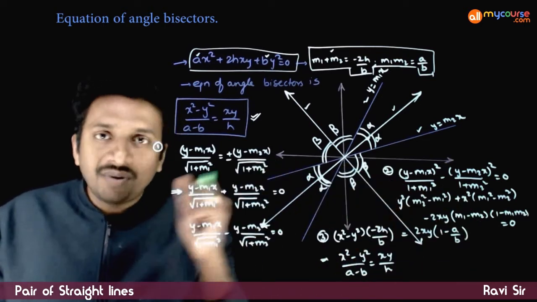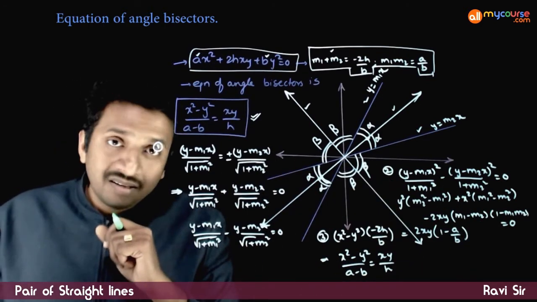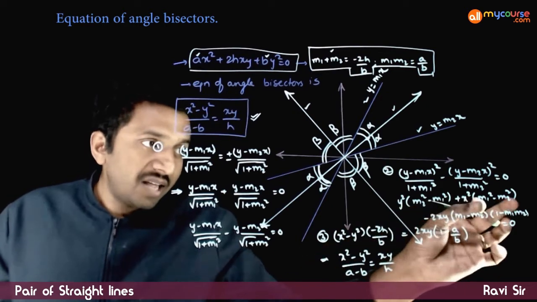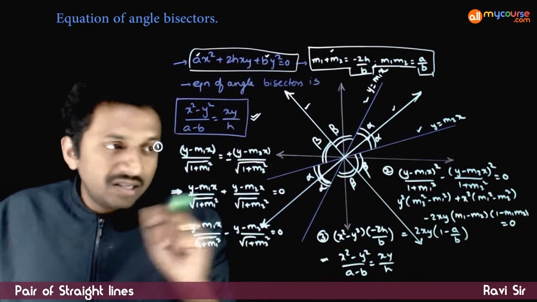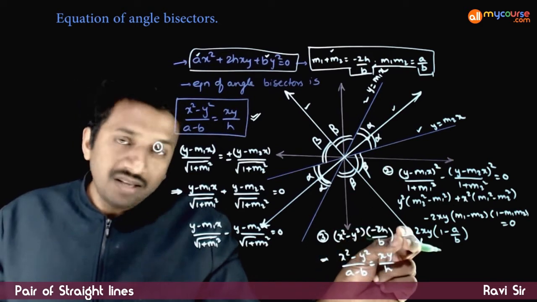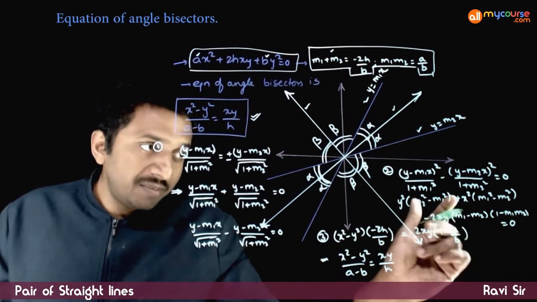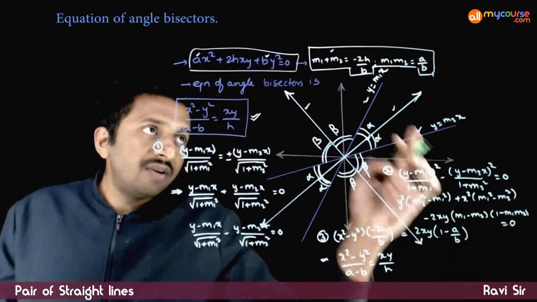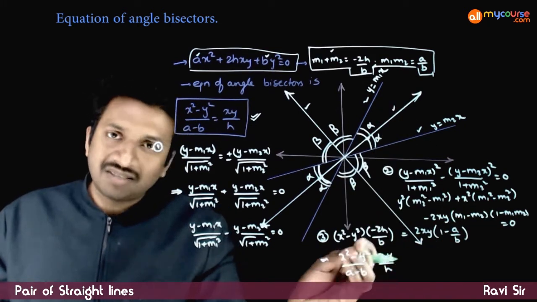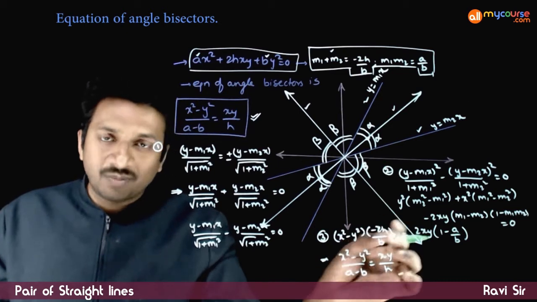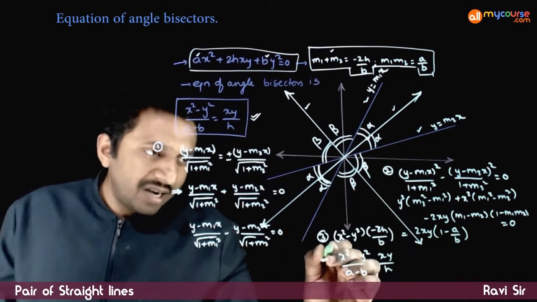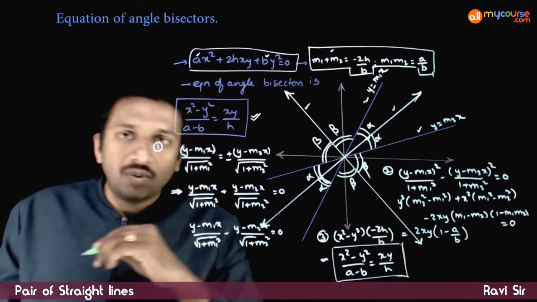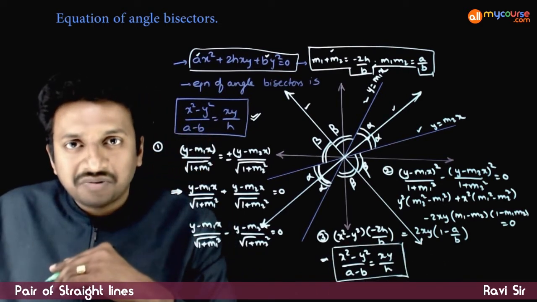If you cancel that m1 − m2, the remaining is (x² − y²) times (m1 + m2), where m1 + m2 is −2h/b, equal to 2xy times (1 − m1m2), where m1m2 is a/b. If you simplify this expression by taking the LCM, you get (x² − y²)/(a − b) = xy/h.